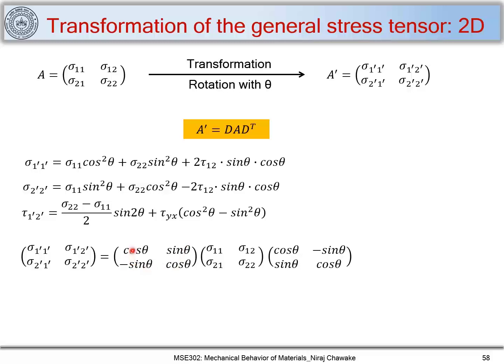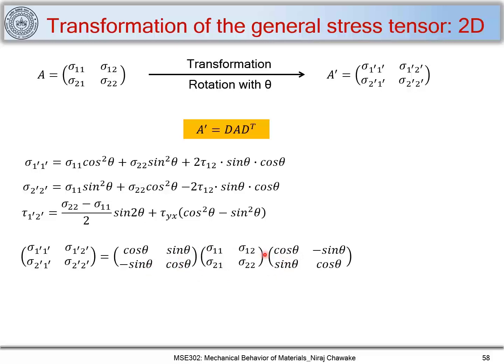And I have the matrix of direction cosines which we found in our previous slide, my stress matrix over here, and the transpose of D, which is nothing but the matrix of direction cosines. So let us see whether this represents these relations or not. Let's try to find sigma 1 dash 1 dash by taking the products on the right hand side.